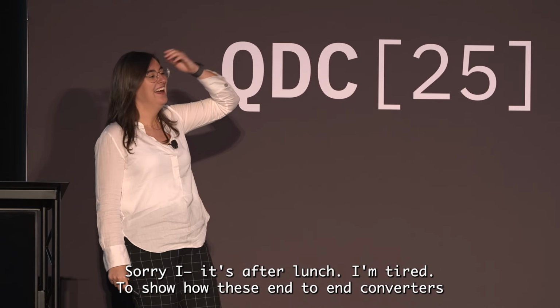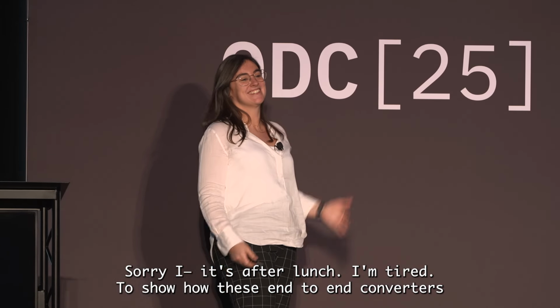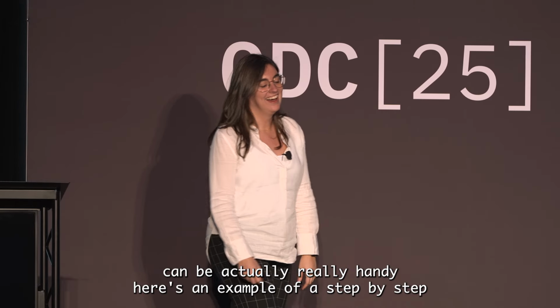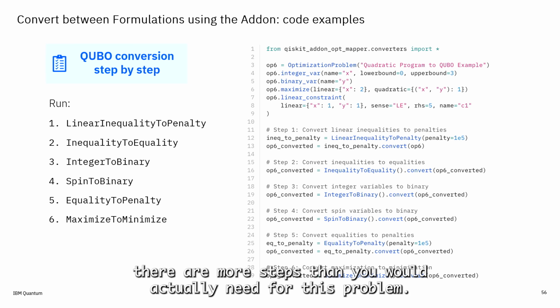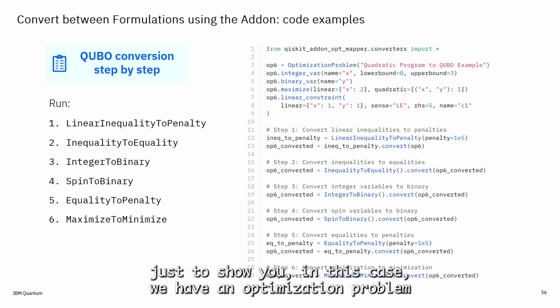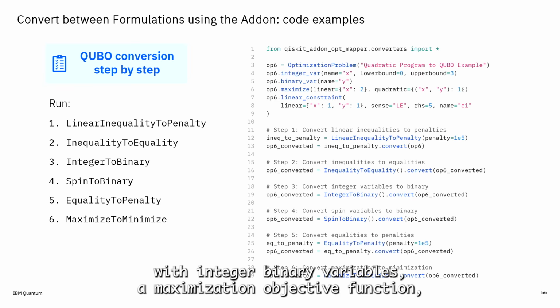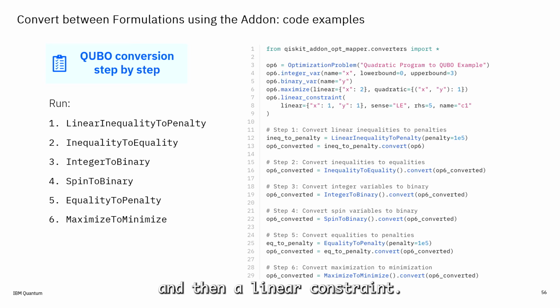To show how these end-to-end converters can be really handy, here's an example of a step-by-step QAOA conversion. There are more steps than you would actually need for this problem, but I put them all just to show you. In this case, we have an optimization problem with integer binary variables, a maximization objective function, and then a linear constraint.